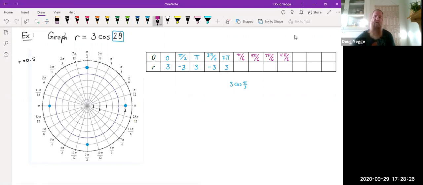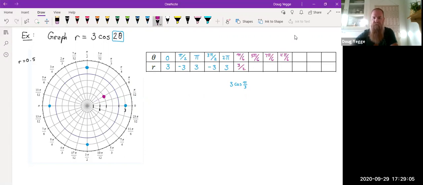Well, cosine of pi over 3 is going to be the x-coordinate of pi over 3, which is 1/2, and therefore we get 3/2. So at the angle of pi over 6, go out 1.5, which puts me on the 1.5 radius circle. So I now know that it's going to start at 0, and it's going to go to pi over 6, which is right here. And somehow it will then connect to pi over 2 when we get down to here.